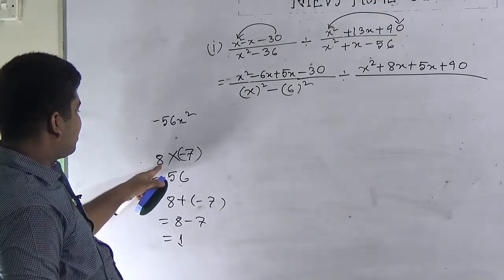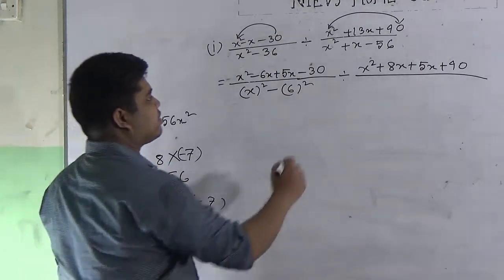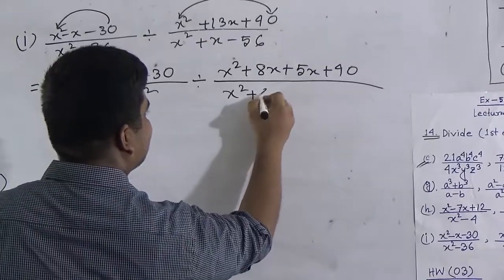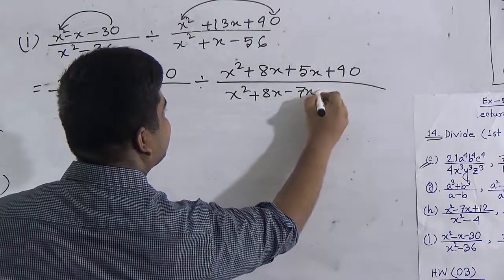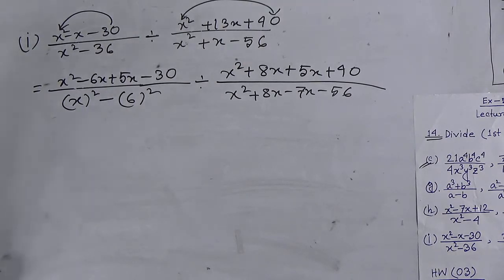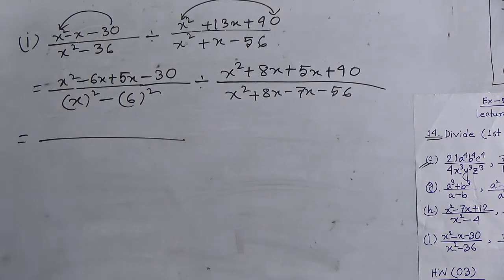So we can consider 8 and minus 7 as the two factors. So we write x square plus 8x minus 7x minus 56. Okay, now we can easily solve. From the first two expressions, we notice x is common.